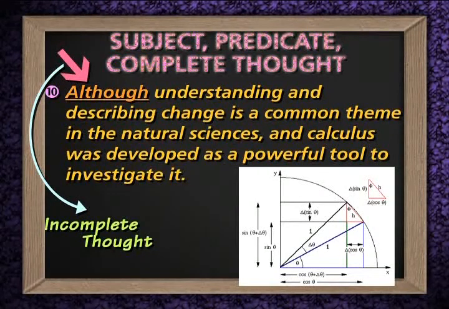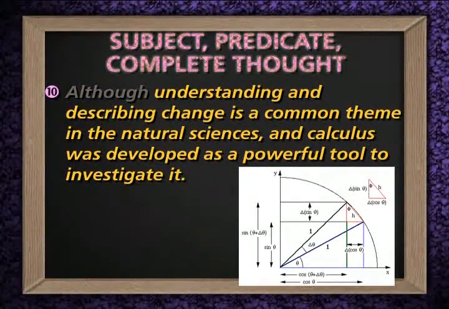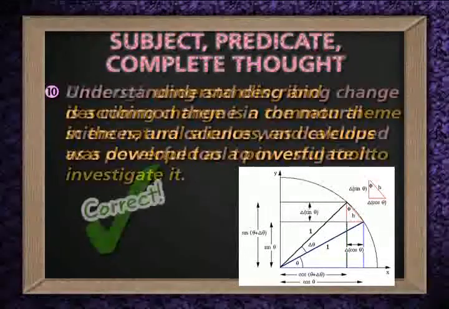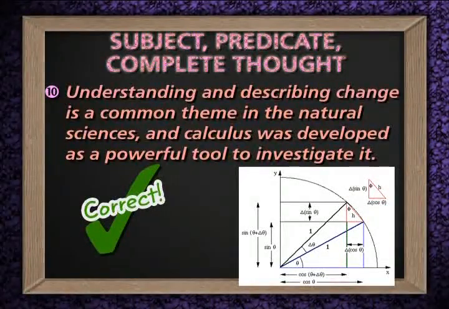So it does not give me a complete thought. I have to eliminate the word although, and then I have an independent clause. Understanding and describing change is a common theme in the natural sciences, and calculus was developed as a powerful tool to investigate it. Now I have a very nice compound sentence, 2 independent clauses.